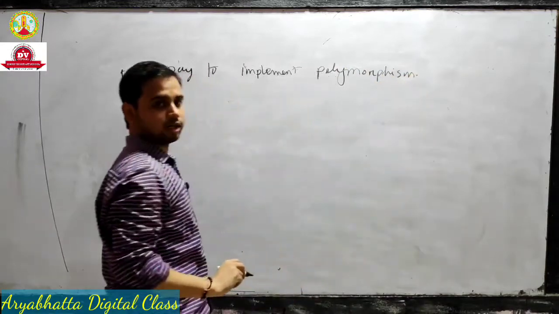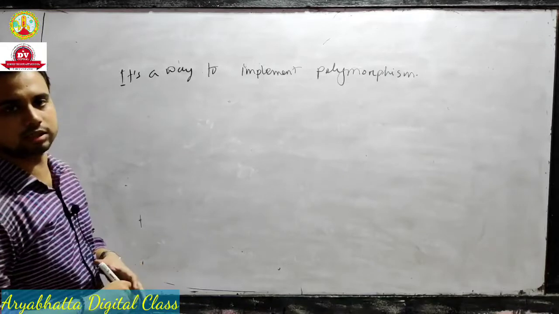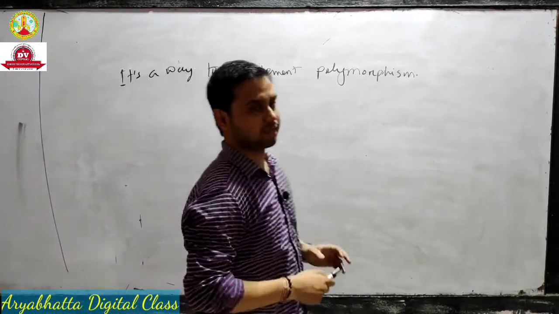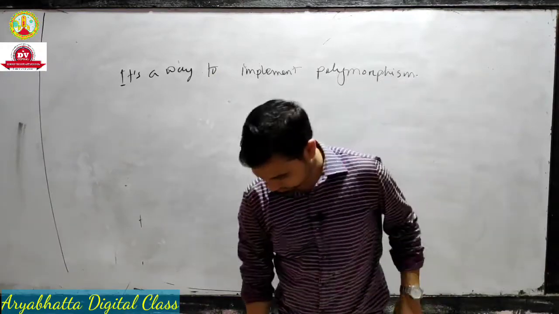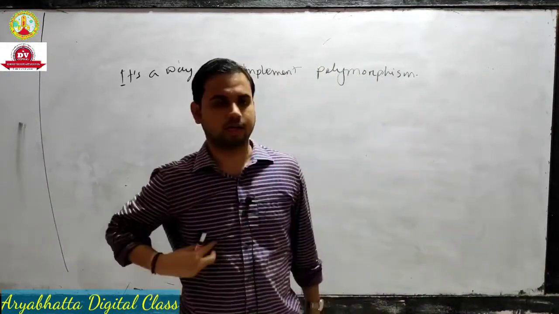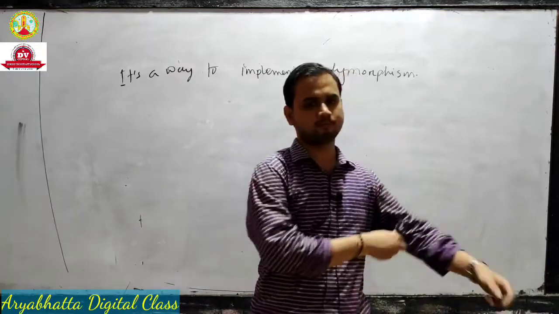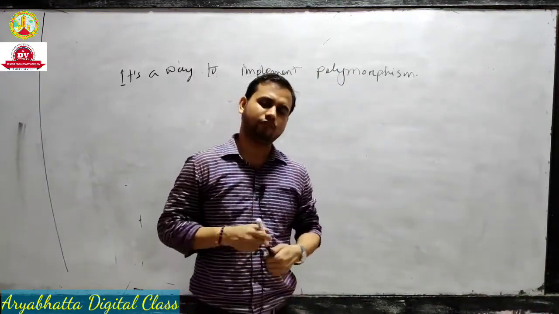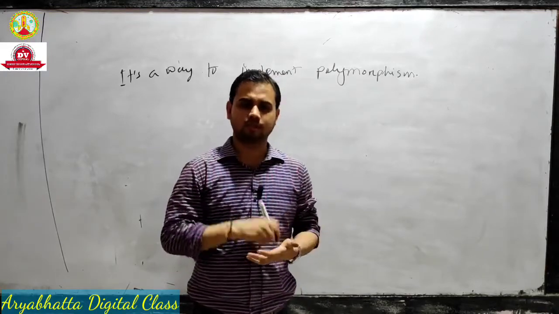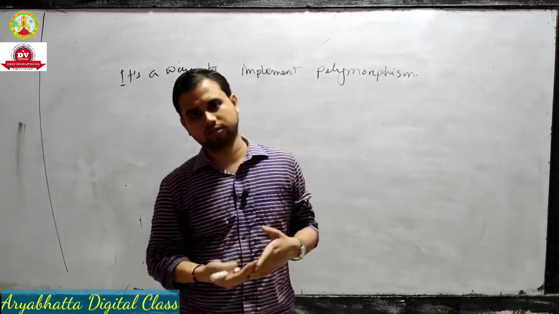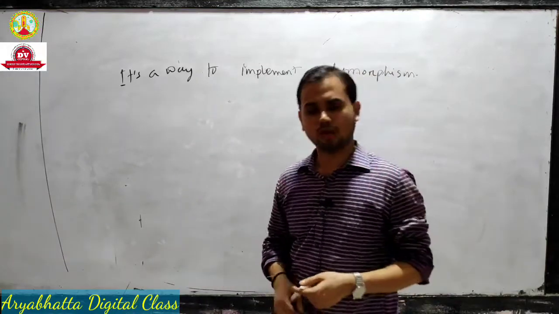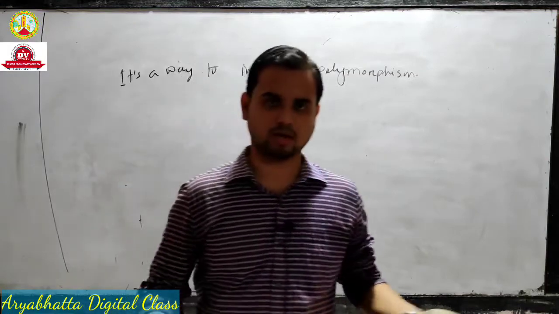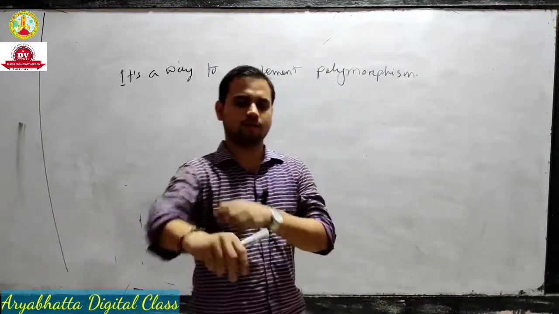I already told you in an earlier class, function overloading is the example of polymorphism. Polymorphism is what? Dual character of an object. Dual character means dual nature. And how is it dual nature? We already saw they have the same name, but their operation is different. Float divide, same name function, but two times it will have two different arguments.